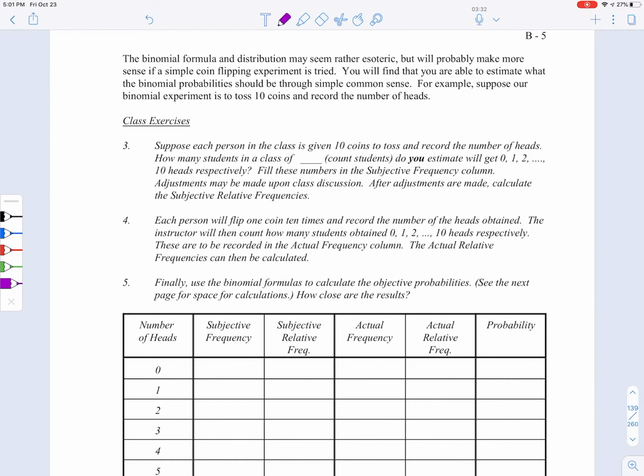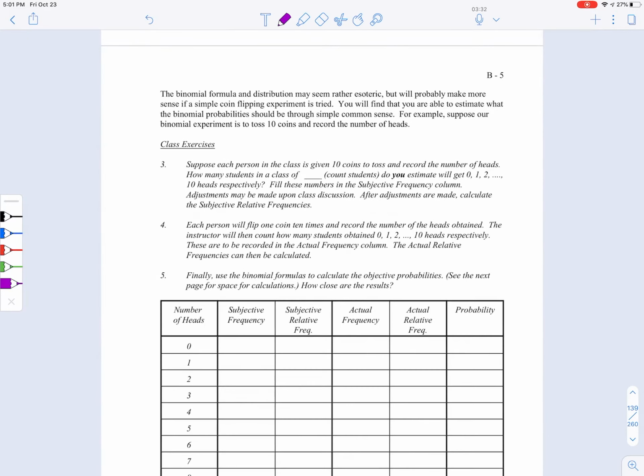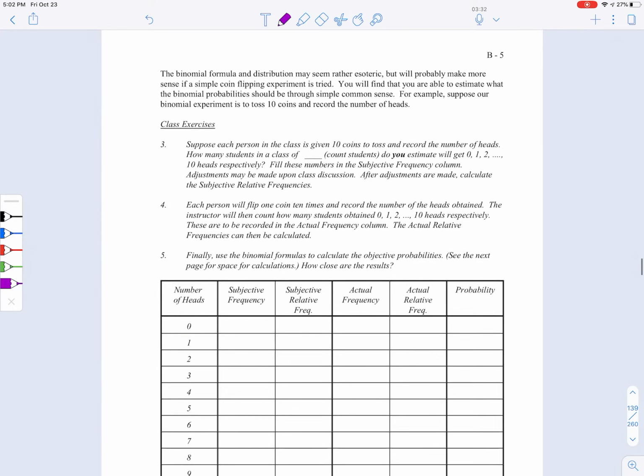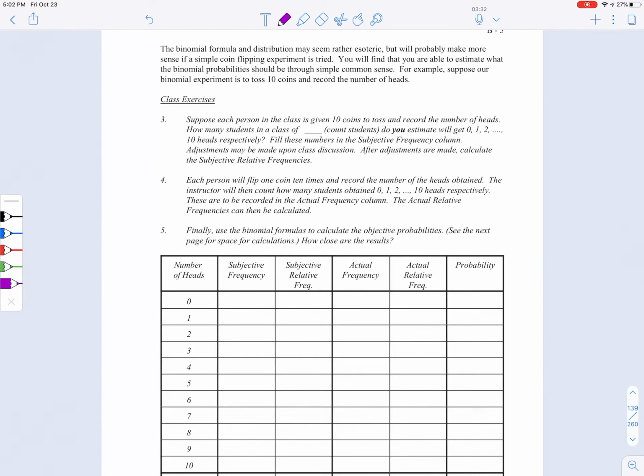Okay, what I've got down here is one which we're going to kind of skip over. I just want to tell you what it's about, and it's something that you might want to give a try yourself. So I'm going to assign this for homework.